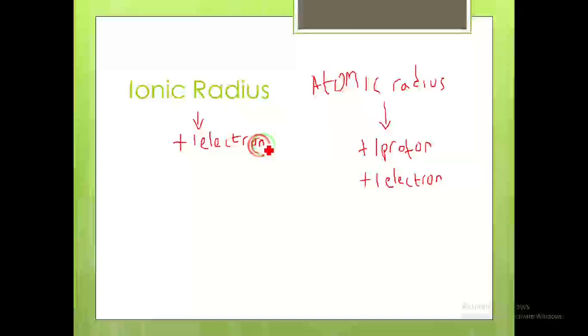Which means going down the group in the periodic table, for both of them, there is an increase in radius.